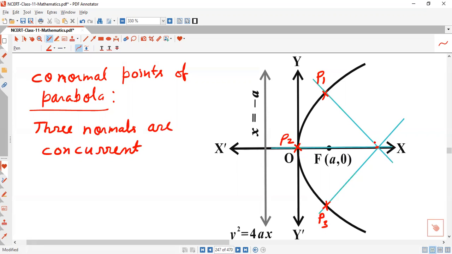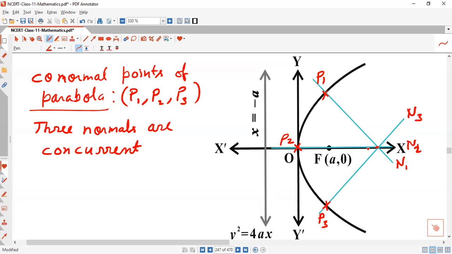We draw normal number one, normal number two, and normal number three at the parabola, and all these three normals meet at the same point. So P1, P2, P3 are known as co-normal points of the parabola because these three normals are concurrent. They meet at the same point.